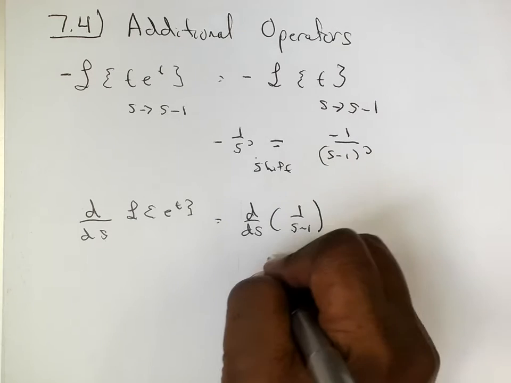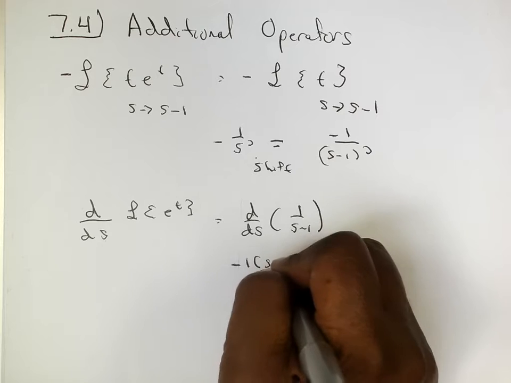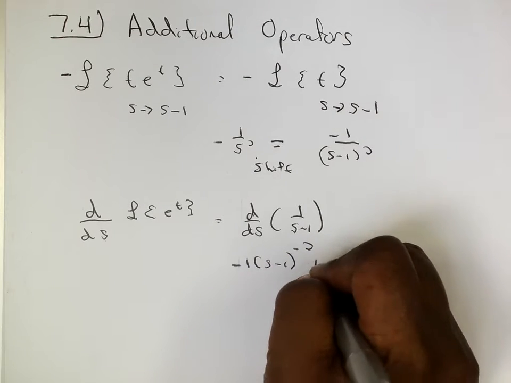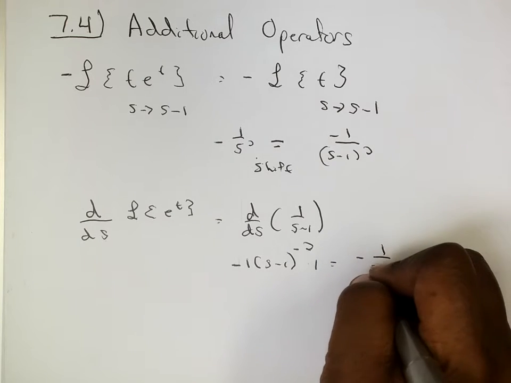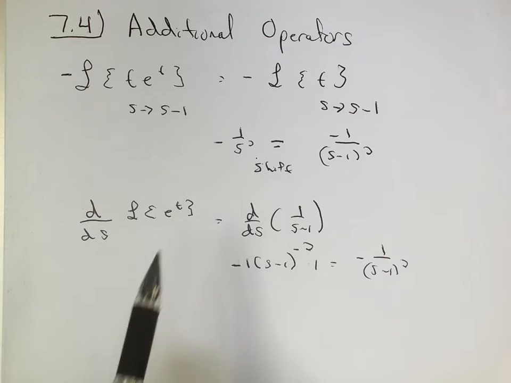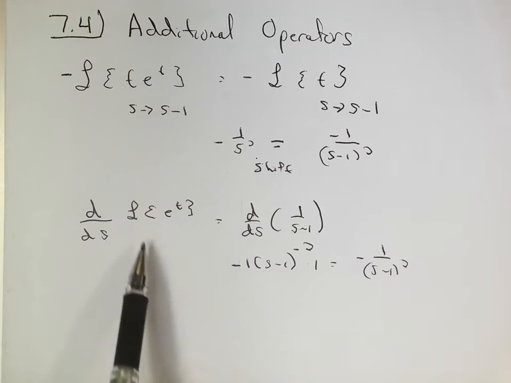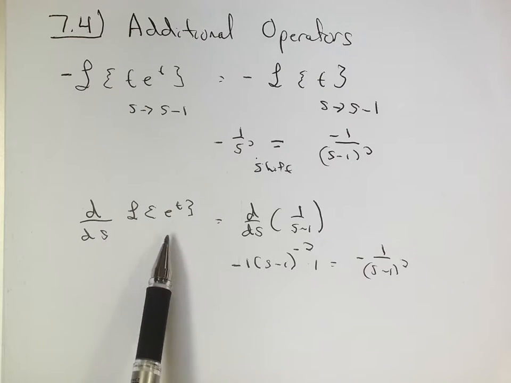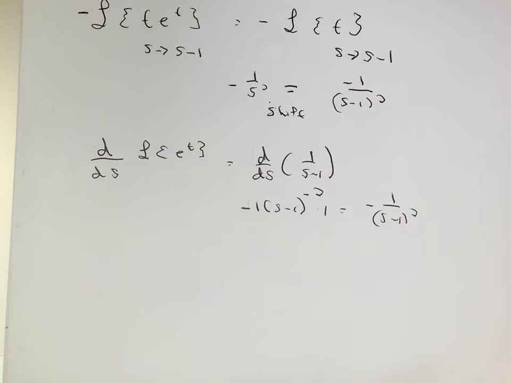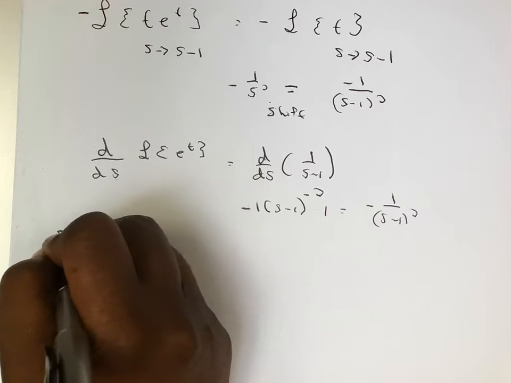So when I take that derivative, I get negative 1 times s minus 1 to the negative 2 power times 1, which is just negative 1 over s minus 1 squared. So using the shift and then just taking the Laplace, we're getting the same thing no matter which method we're using. So that's the next theorem.